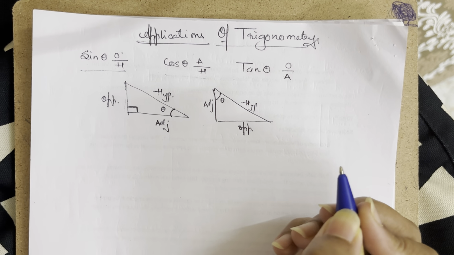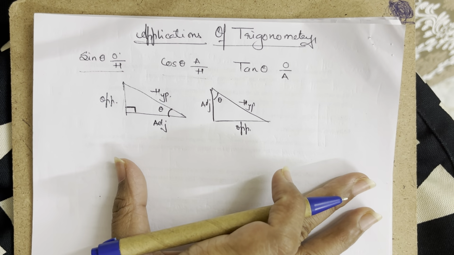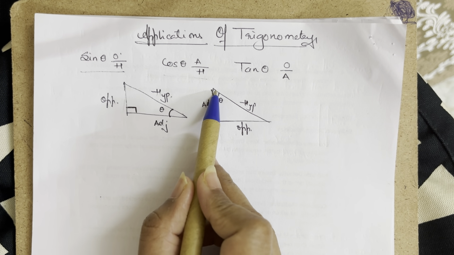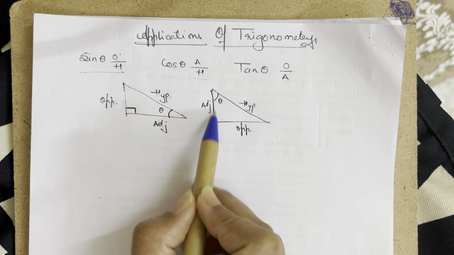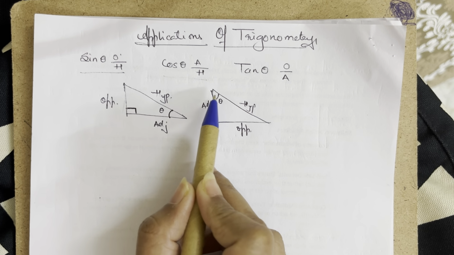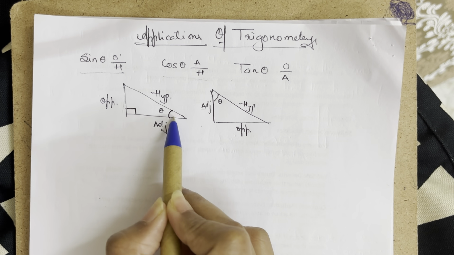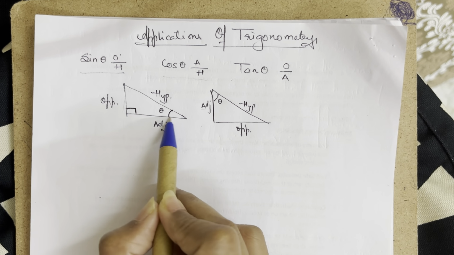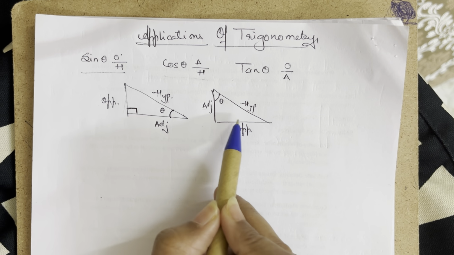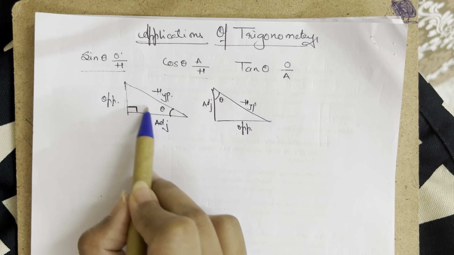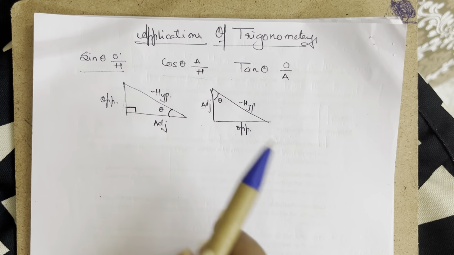Well understandable. Next, the side which is next to the angle that we are considering is always the adjacent. The other one is the opposite, and the hypotenuse is there.